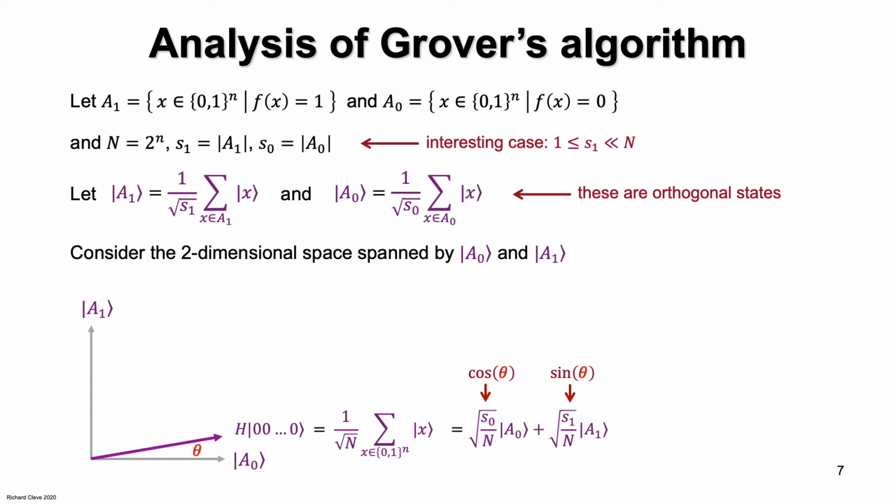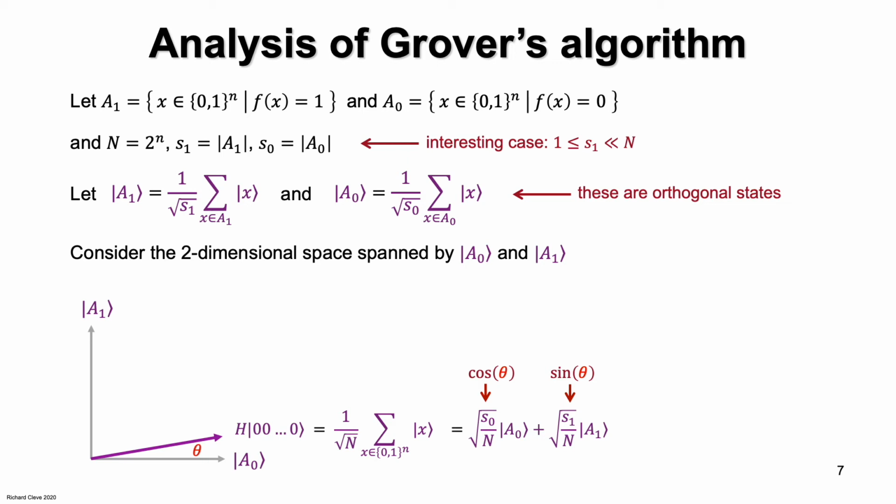If the system were in state ket A0, then measuring it in the computational basis would yield a random unsatisfying assignment. The system is actually in the state h of 0, which is very close to ket A0. Measuring that state in the computational basis results in an unsatisfying assignment with high probability.